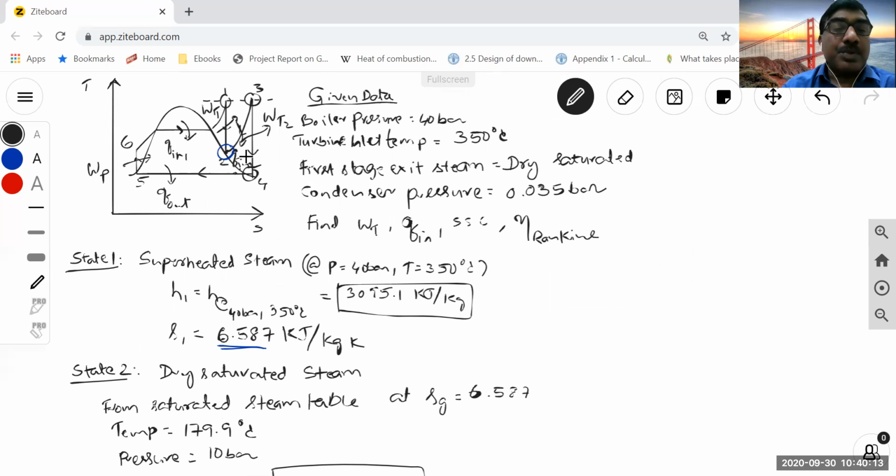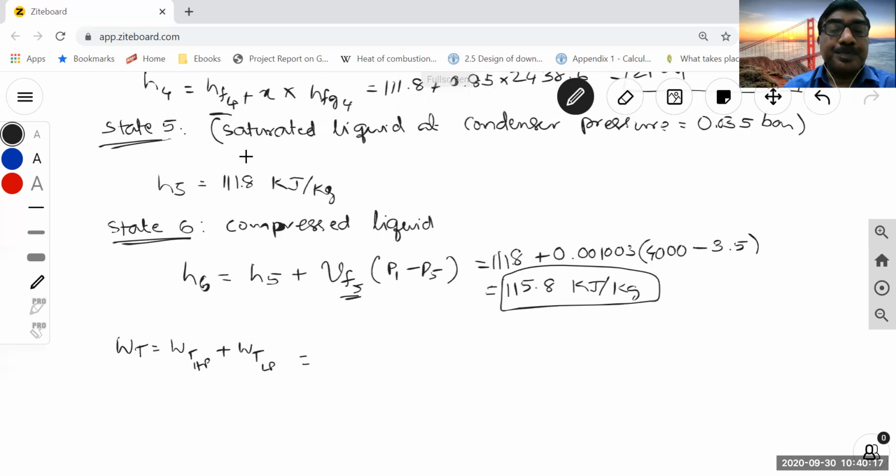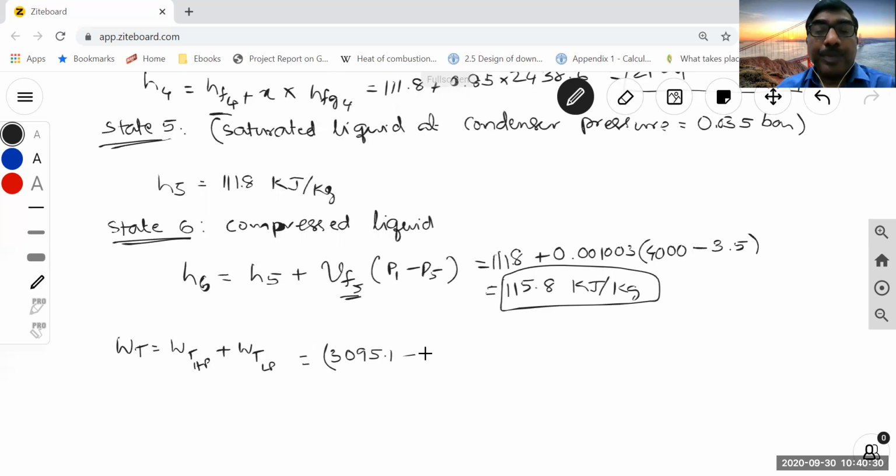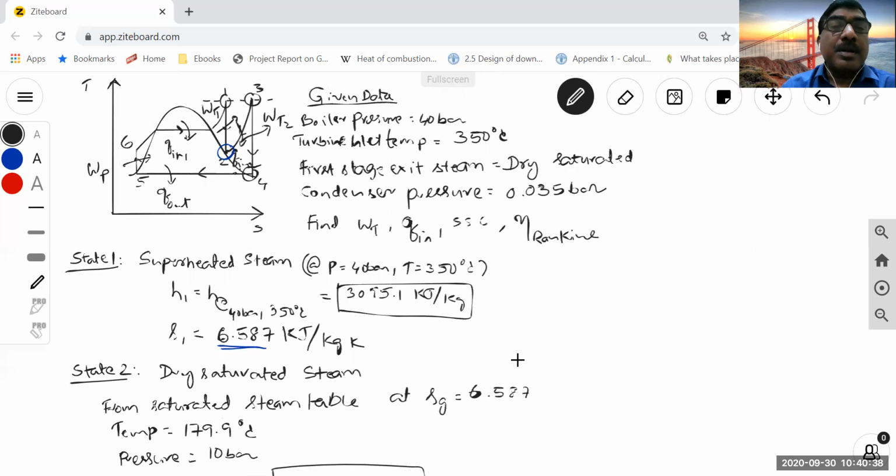Okay, so what is H1? H1 is equal to 3095.1 minus H2, 2776.2. This is high pressure turbine work. Plus what is the low pressure turbine?